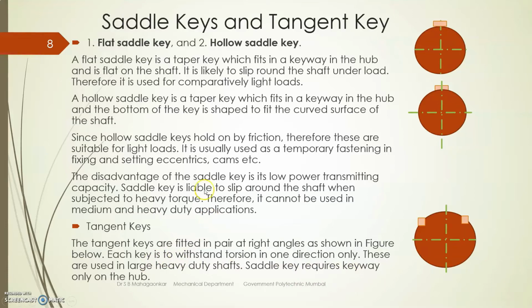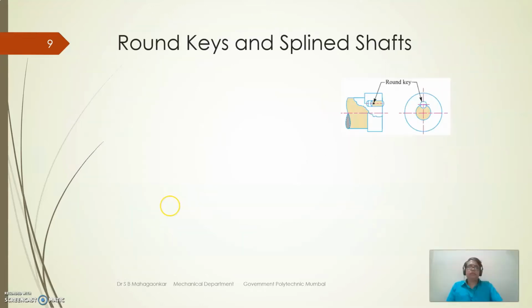Tangent keys have the same recess in the hub portion, right? Because of these two at 90 degrees, they can transfer very large torque in one direction.